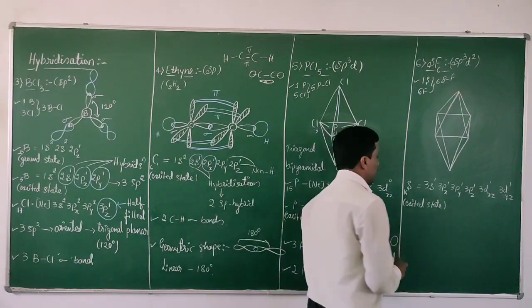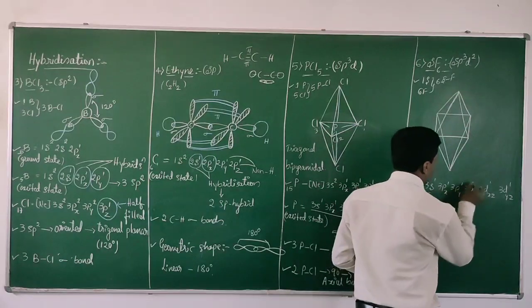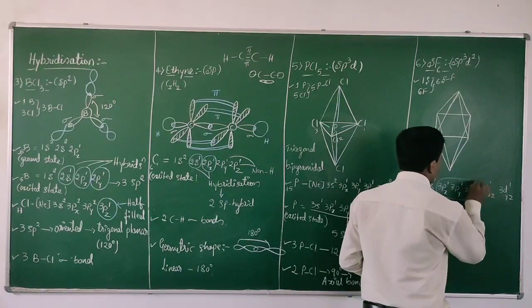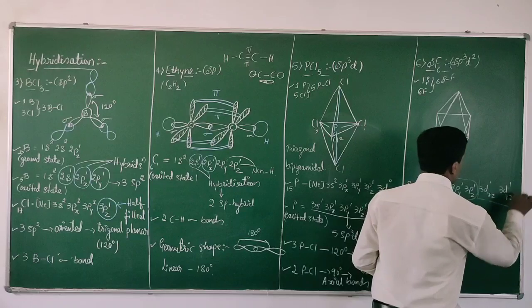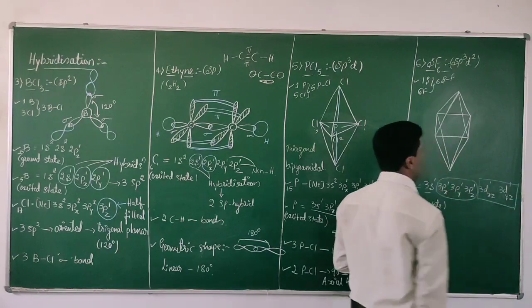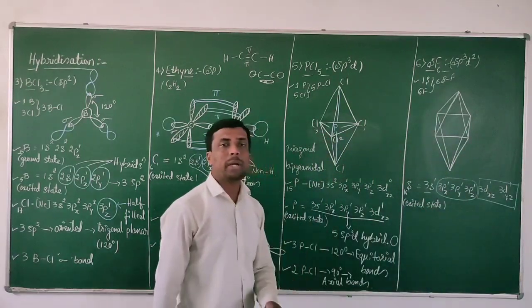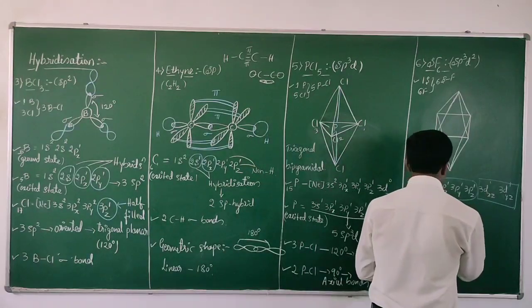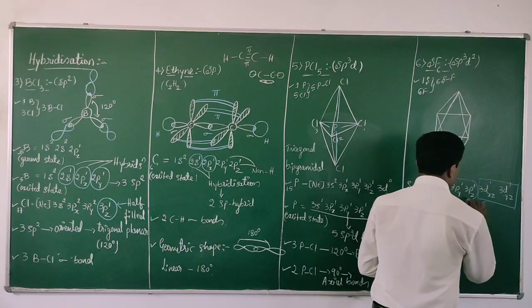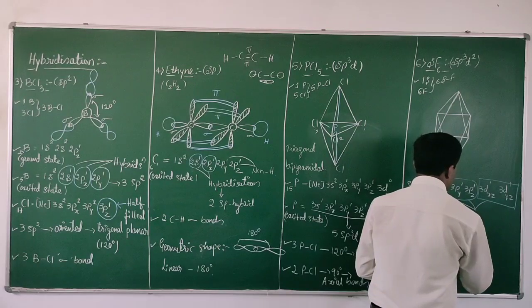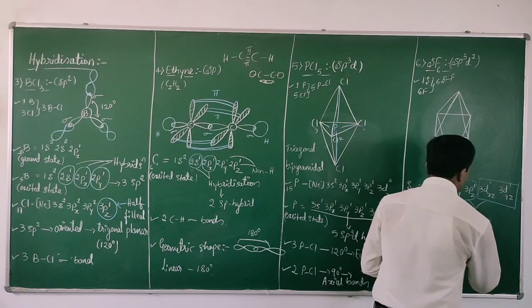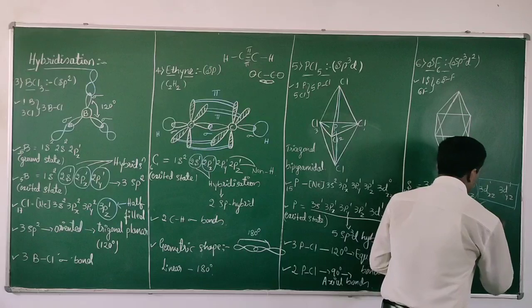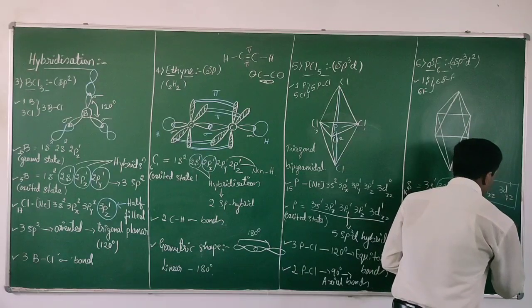Look here: one 3s, three 3p, and two 3d orbitals undergo hybridization to give 6 sp3d2 hybrid orbitals.